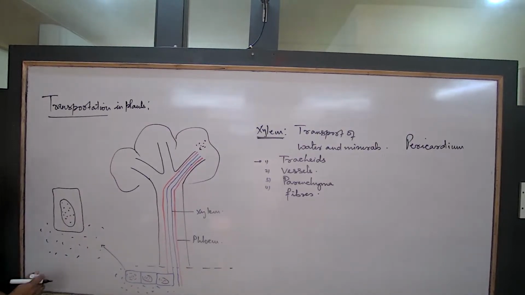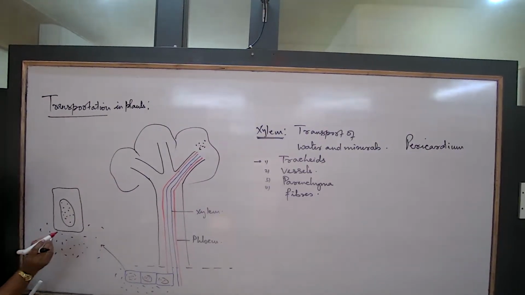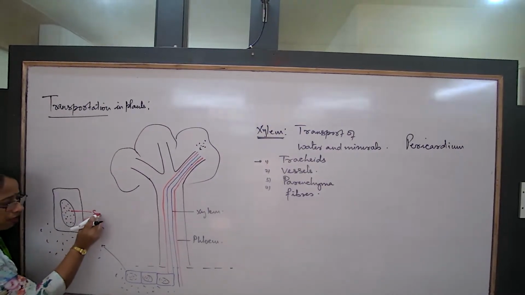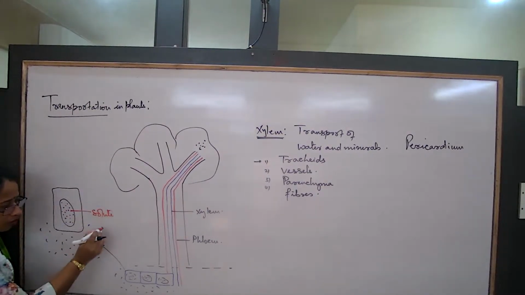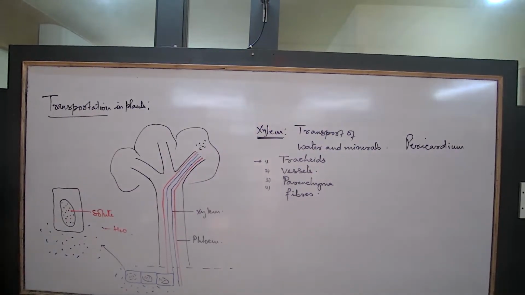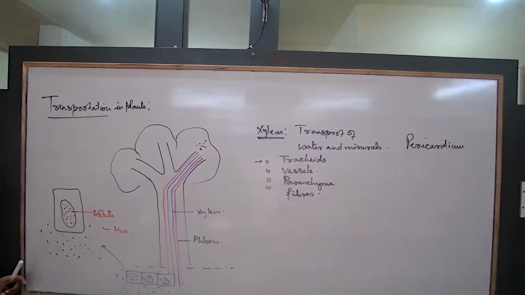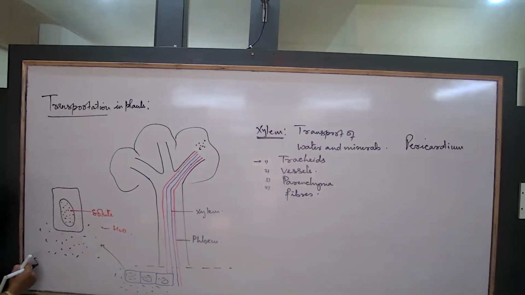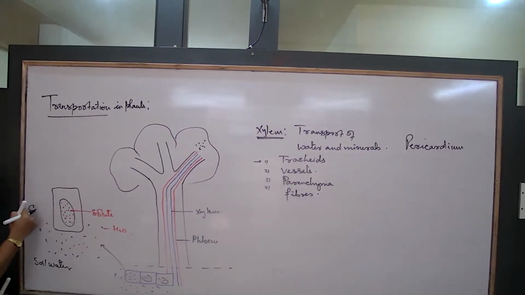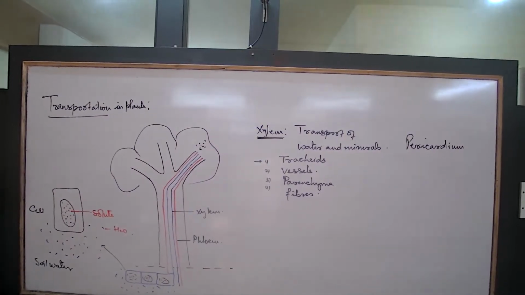So just follow the figure. When we are talking about the solute molecule, look for the solute molecule. I'm understanding that this is the solute molecule and this is the water molecule. Look at the figure and try to tell me: this is the soil water, and this is the cell that I talk about. Where is the water more?